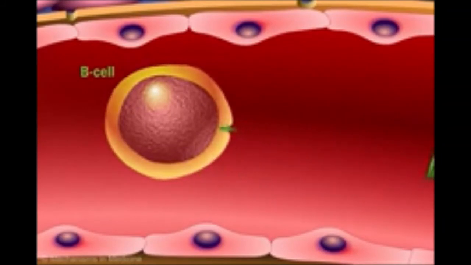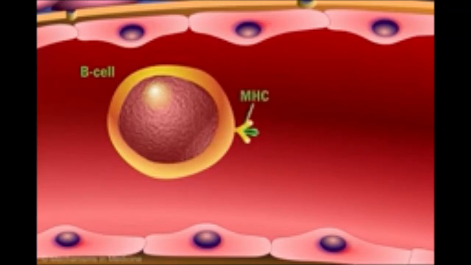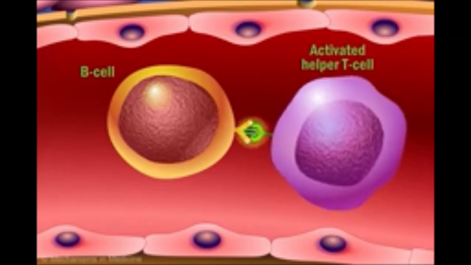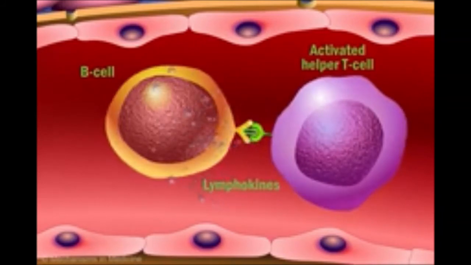Once internalized, B cells process the hemagglutinin antigen and present it on their surface in combination with an MHC. When activated helper T cells interact with activated B cells expressing antigen MHC receptors, they begin secreting lymphokines, which have several effects.